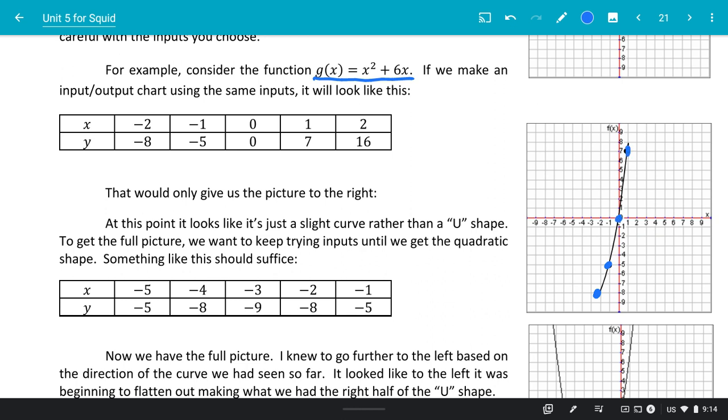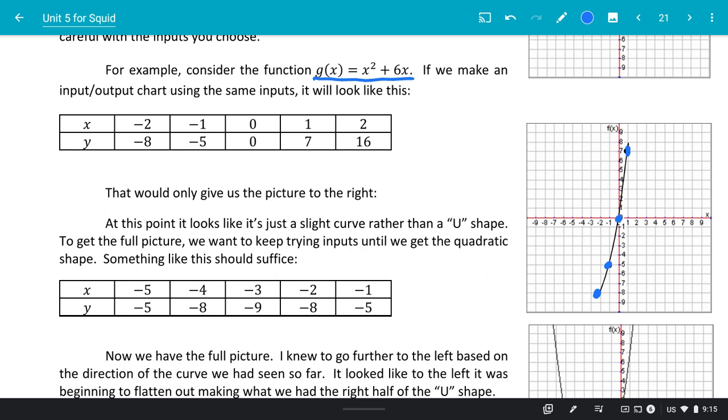Look, we only get half of the parabola, Austin. It's amazing how that happens, because you don't choose necessarily the appropriate inputs. At this point, it just looks like a curve rather than a U-shaped graph. So to get the full picture, we want to keep trying inputs until we get the quadratic shape.